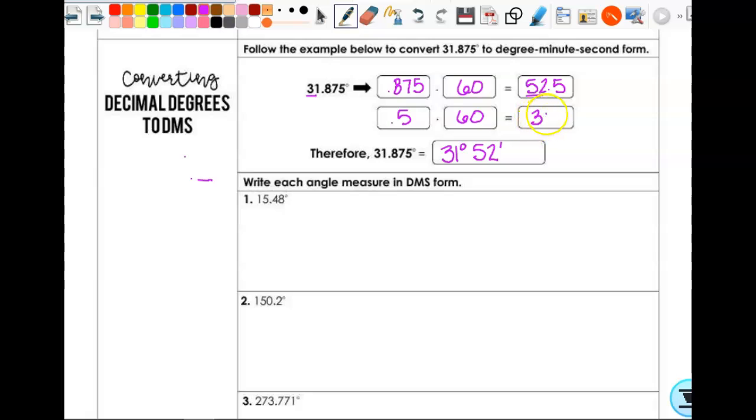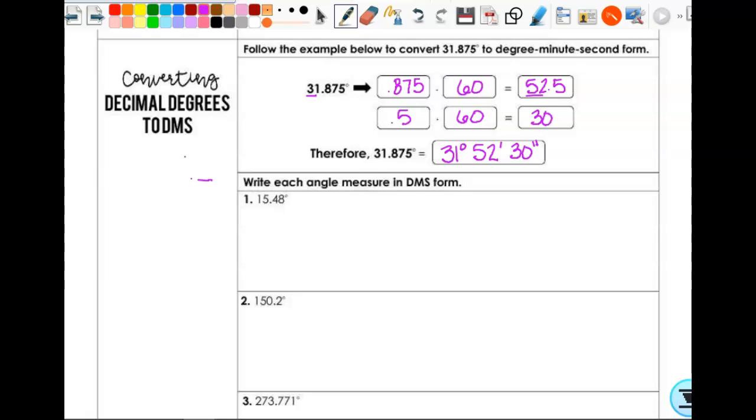So we get 30 seconds. So 31.875 degrees is the same as 31 degrees, 52 minutes, 30 seconds. If this had been a decimal here, then we'd put the decimal in the seconds. That's the only one that should have a decimal. Make sense? Easy enough?